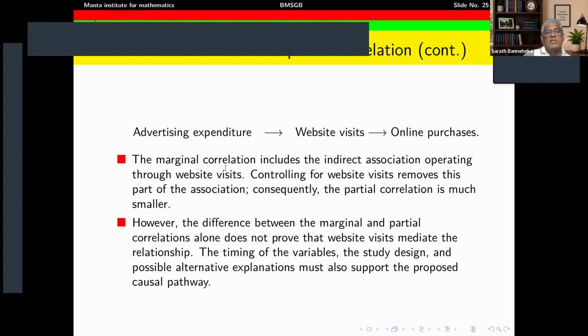Right. So the marginal correlation between these two includes the indirect association operating through website visits. Controlling for website visits removes this part of the association, and consequently the partial correlation becomes much smaller.